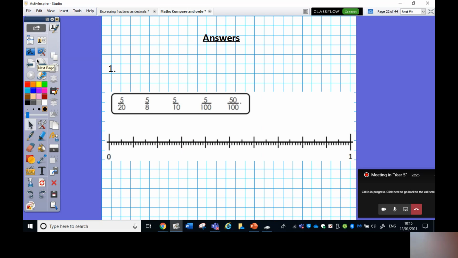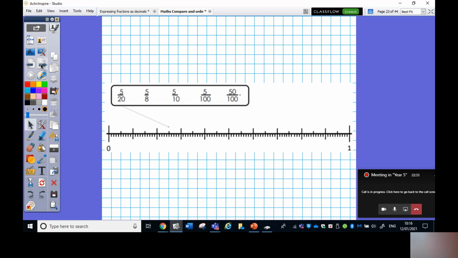Okay, so let's take a look. 5/20, not 2/5, is here. Fortunately, our number line is divided into 20ths too. 1, 2, 3, 4, 5. Remember when we found the equivalent of 1/8?